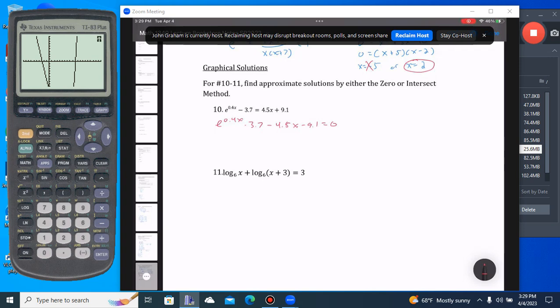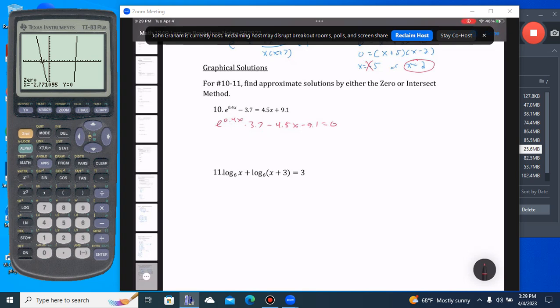So we can do second calc, 0. And we just have to go left bound. Enter. Right bound. Enter. Enter again.